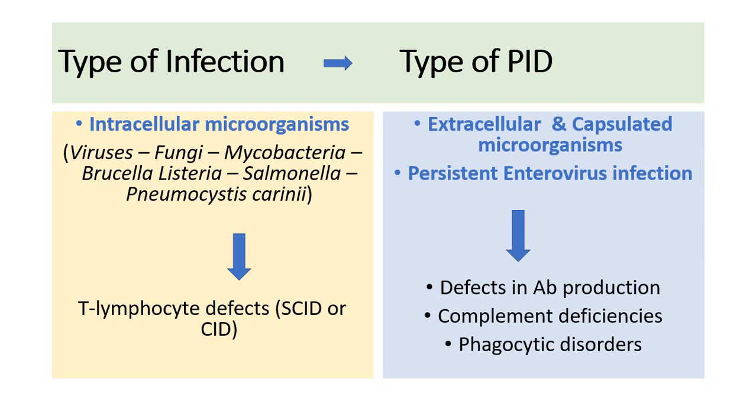According to what kind of organism is responsible for the infection in this particular child or infant, if it is mainly an intracellular organism, and by intracellular organism I mean all viruses, fungi, mycobacteria, brucella, salmonella, and Pneumocystis jirovecii or carinii.